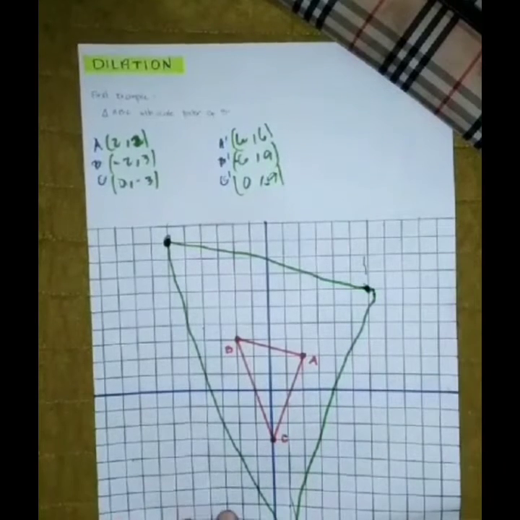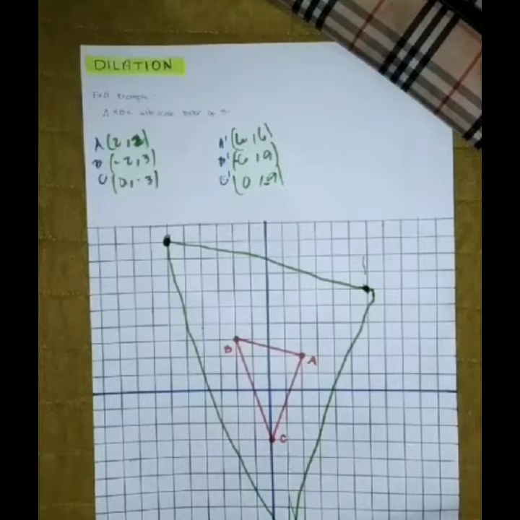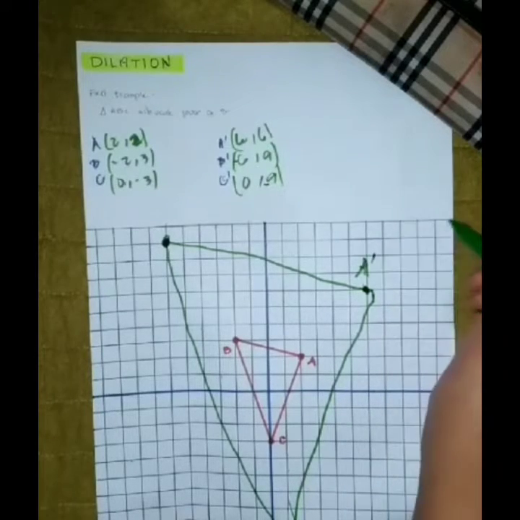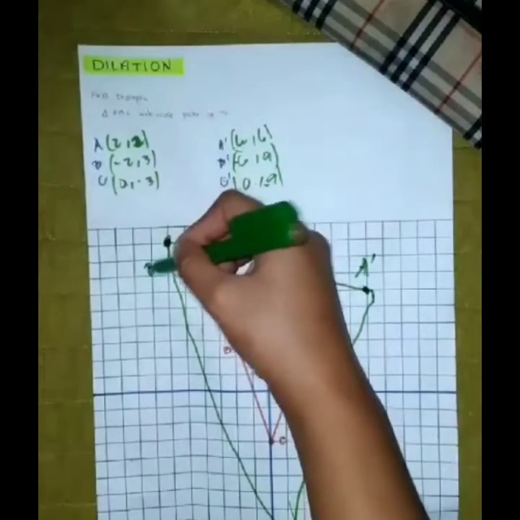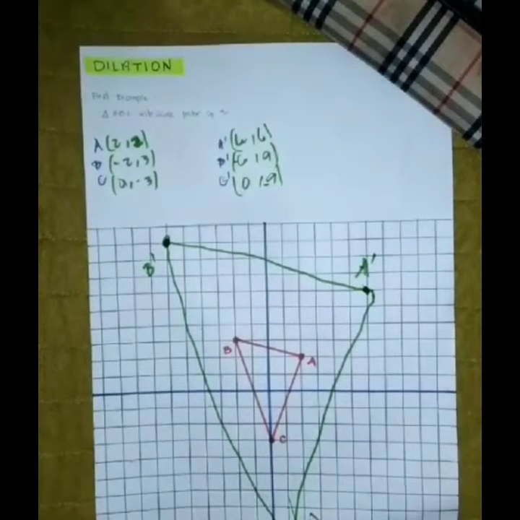As you can see, the scale factor is going bigger since our scale factor is greater than 1. Always remember to put an apostrophe on top: A prime, B prime, and C prime.